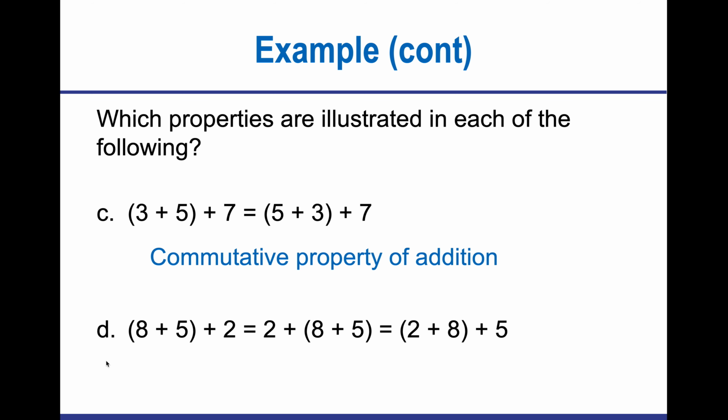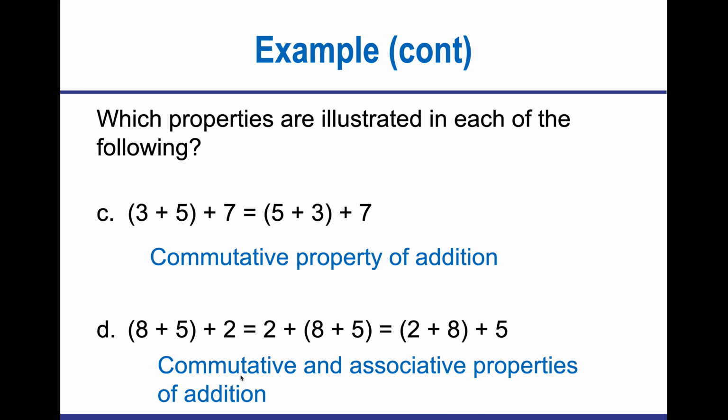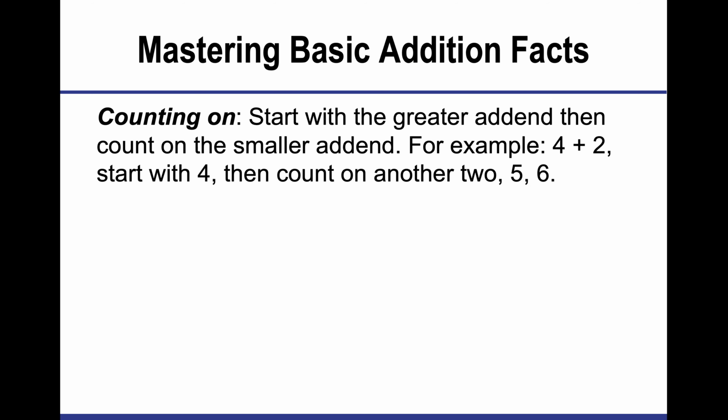But if you look at the bottom, I moved what was going on here. So this could be seen as commutative or associative because I changed the order that I'm adding that +2 in. It went from being added last to being added first. So those are 2 tricky places. To really be associative, we're looking for something different to be in the parentheses on the left from the right. That's really what we're looking for when we're saying associative.